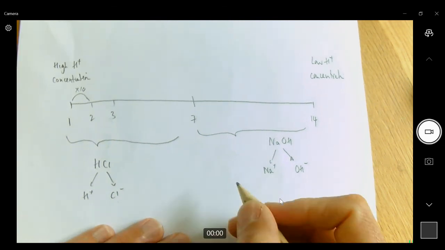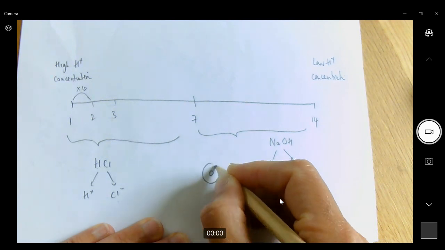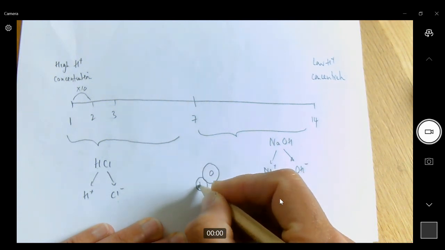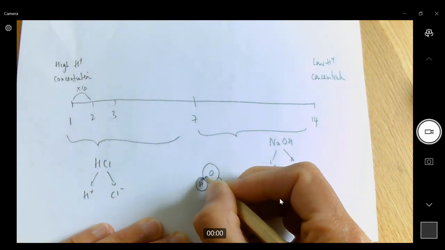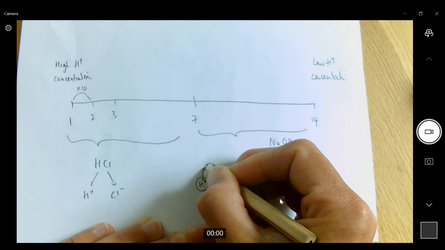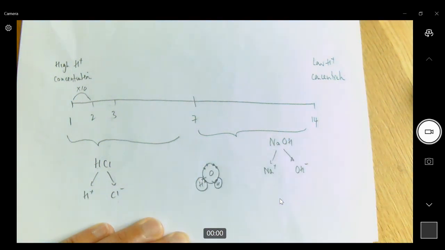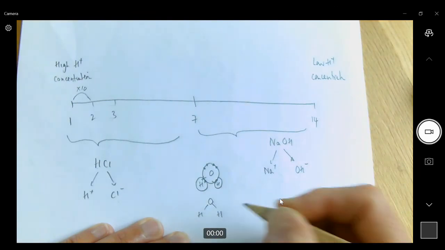Now, water is a small covalent molecule. We learned about this in the autumn term. It shares electrons between 2 hydrogens and 1 oxygen, and I can draw this like that.